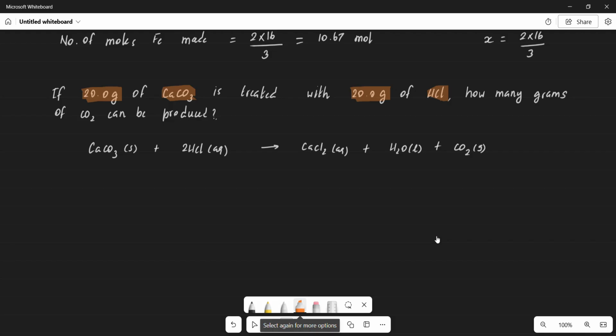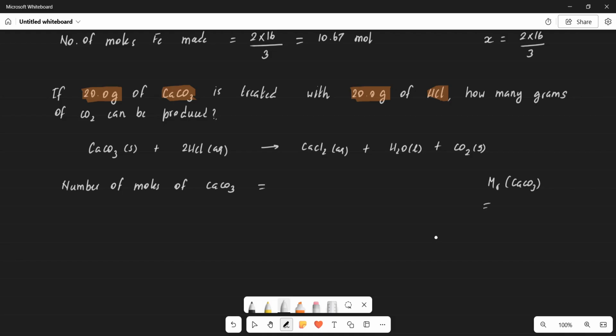We need to know whether they are in an appropriate proportion or something is in excess, something is limiting. To know that, first I need to find the number of moles of the reactants. Number of moles of calcium carbonate: immediately I need the molar mass of calcium carbonate.